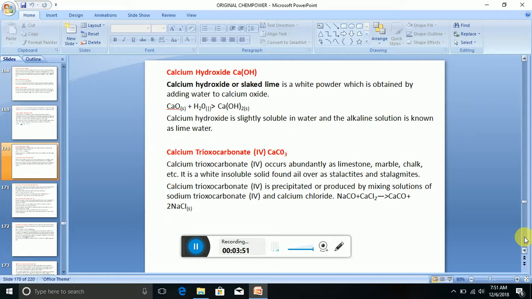Calcium trioxocarbonate(IV) is precipitated by mixing solutions of sodium trioxocarbonate(IV) and calcium chloride. Sodium trioxocarbonate(IV) plus calcium chloride gives calcium trioxocarbonate(IV) and sodium chloride.